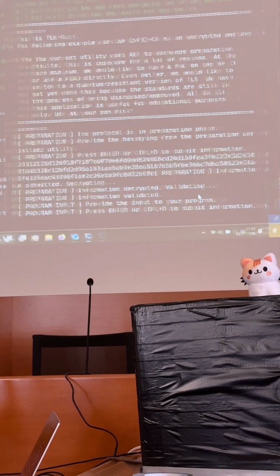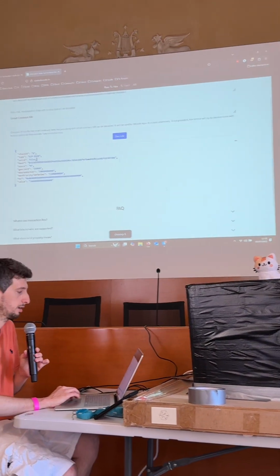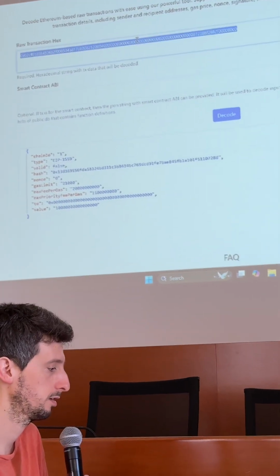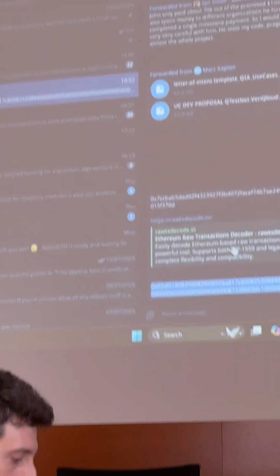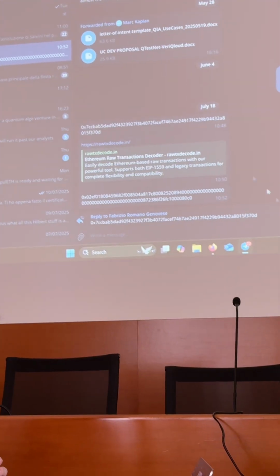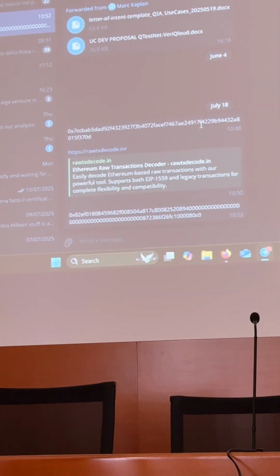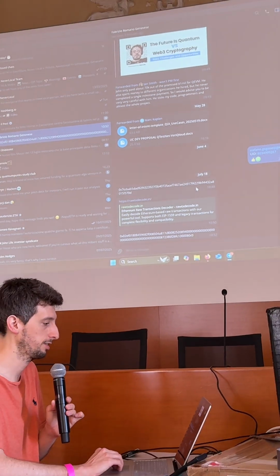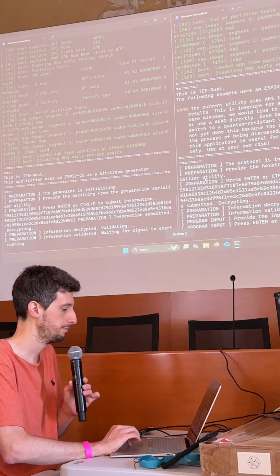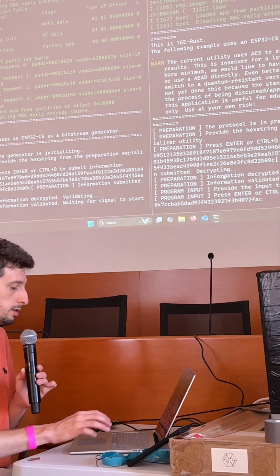The input to my program is going to be the hash to sign? No, one, if you go on Telegram, this is the raw transaction. Yes, that one. This one? 7cc. Yeah. And so this is the hash of the transaction, which I will put here.